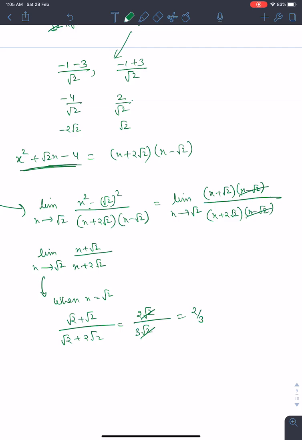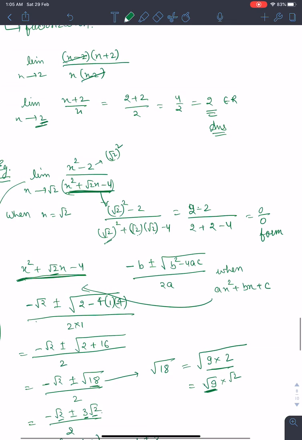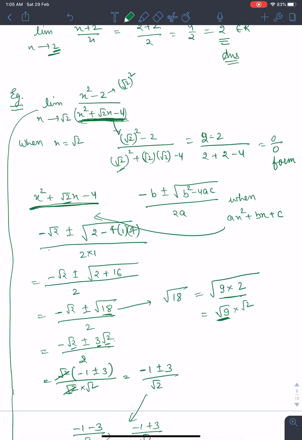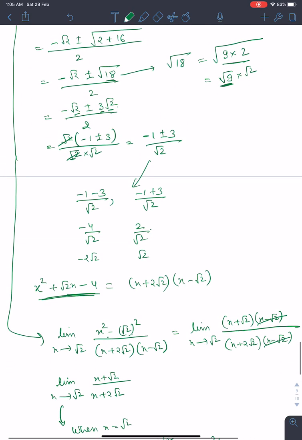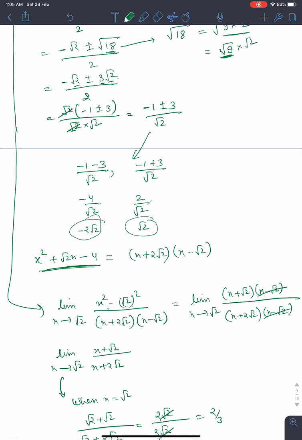Again, see, if you are having any kind of doubt, what I explained in this question is, first thing, whenever you are getting root kind of coefficients in the expression, then you just use the Sridharacharya formula, the simplest method. After solving with the Sridharacharya formula, you are getting two roots, this and this. Okay, so this is alpha, this is beta. You know that if alpha and beta are the roots, your quadratic expression will be (x - alpha)(x - beta).